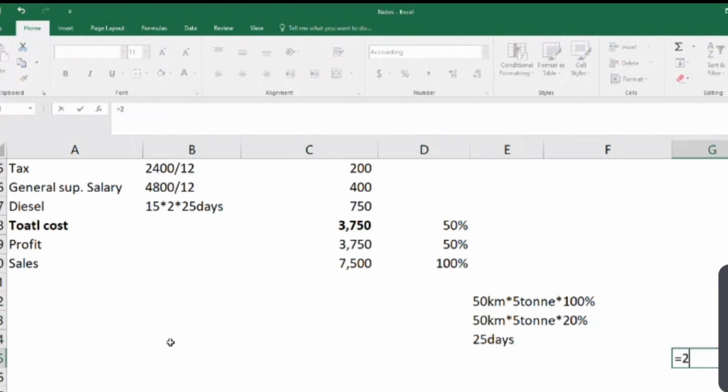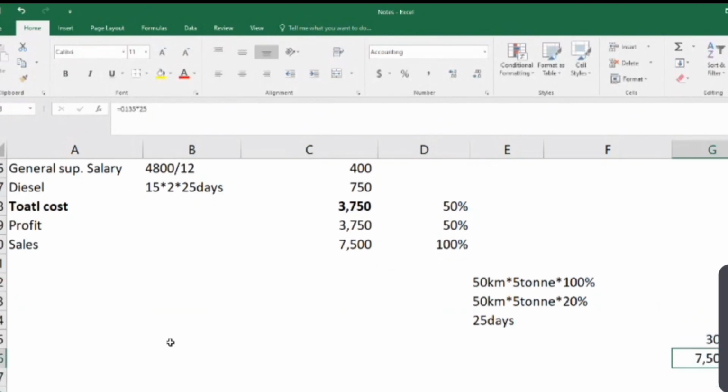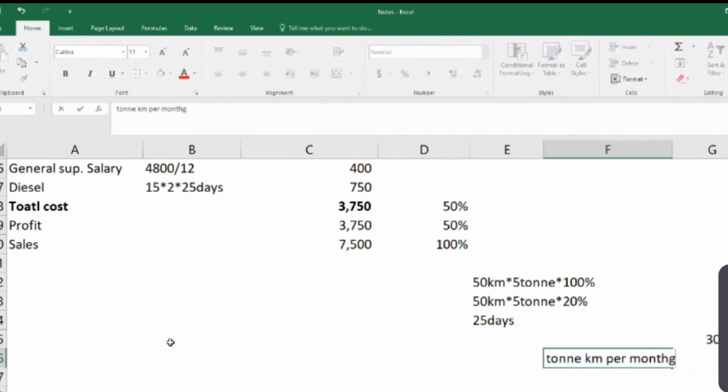So 250 plus 50, equal to this, into 25, 7500. So this is your ton kilometer per month. When you are doing it in the calculator it will come correctly.